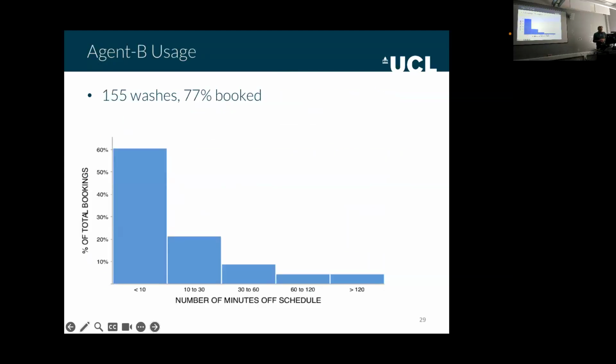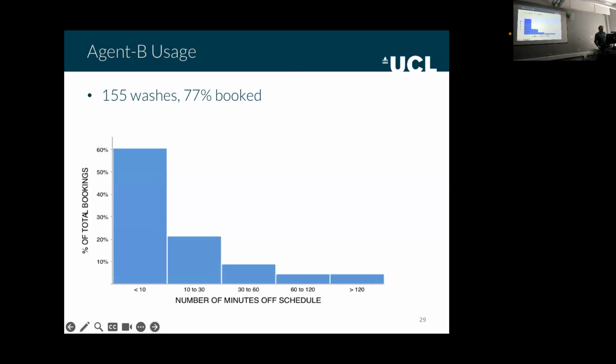Just to give you a quick example from the things that we saw from the quantitative data, in the washing machine study, out of 155 washes that participants did over the trial, 77% were booked, which I think is a very large proportion. And the bar chart shows how punctual people were.